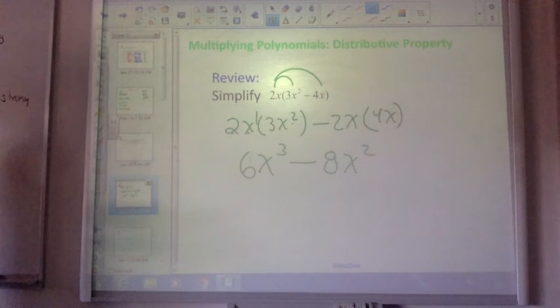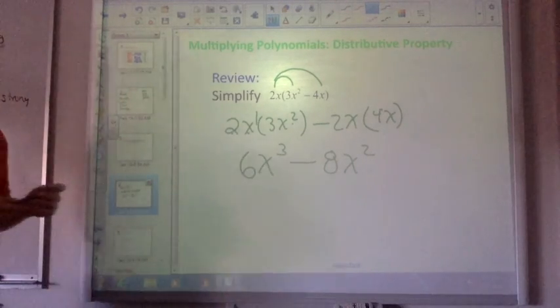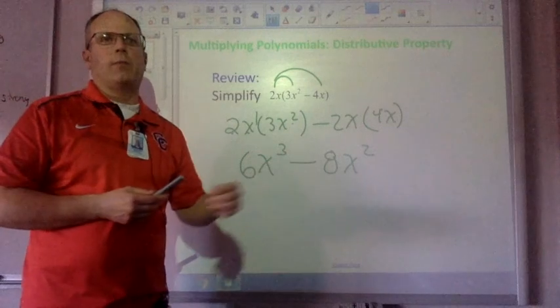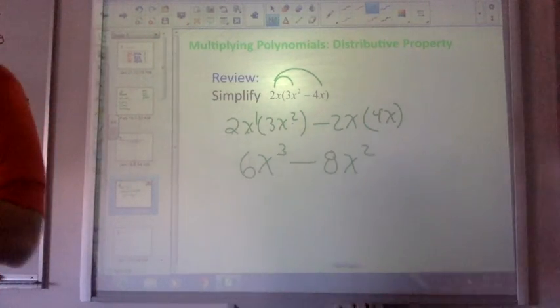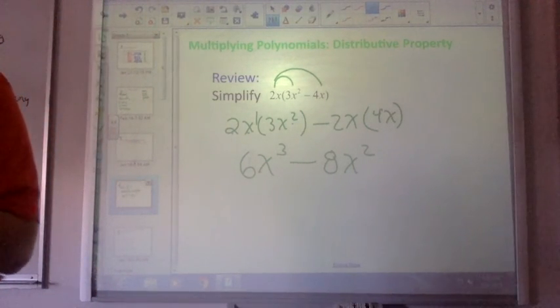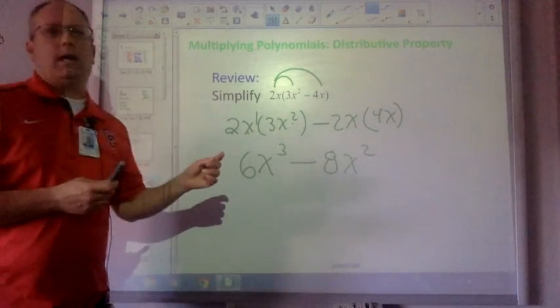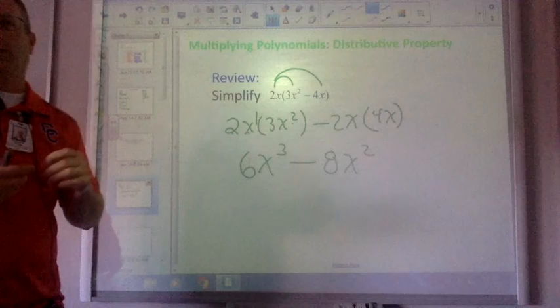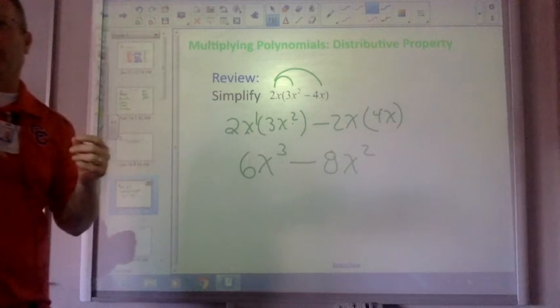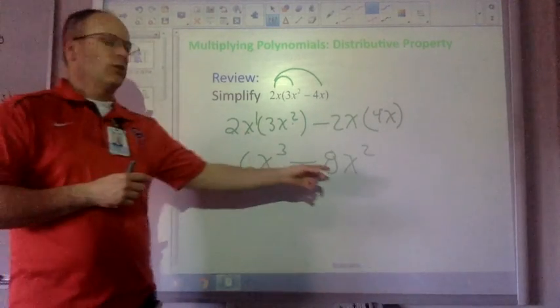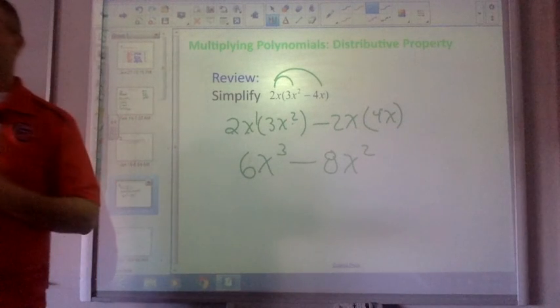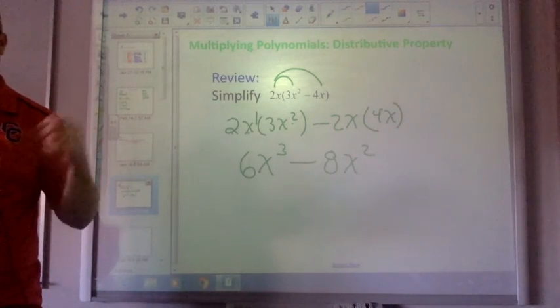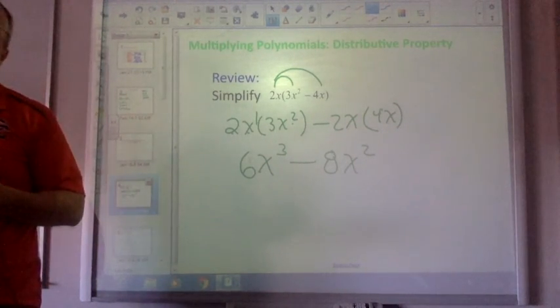So then how come you can't subtract the 6x cubed from 8x squared? Because one is to the third power and one is to the second power. Now, let's go with the boom, boom, boom of this. You know what a cube is, right? Like take a shoebox, which is a third dimensional object, and then you're subtracting a second dimensional object like a piece of paper. So you're subtracting a piece of paper from a shoebox. Could you do that?